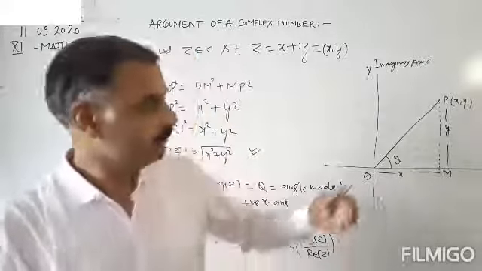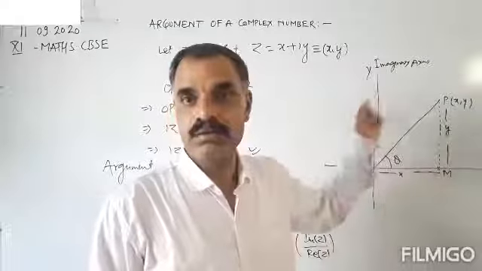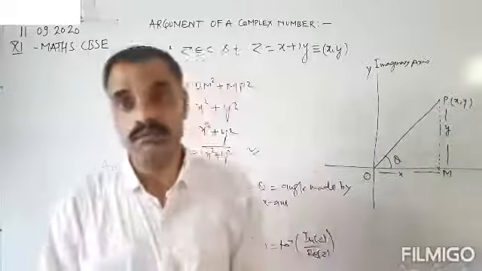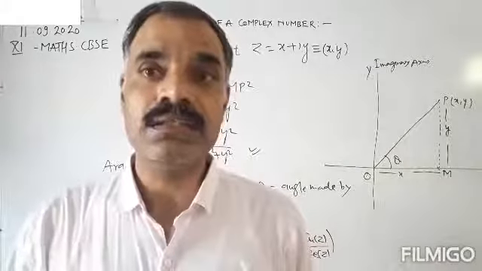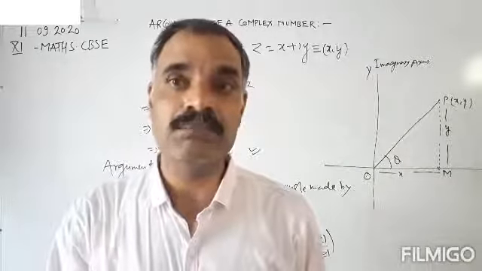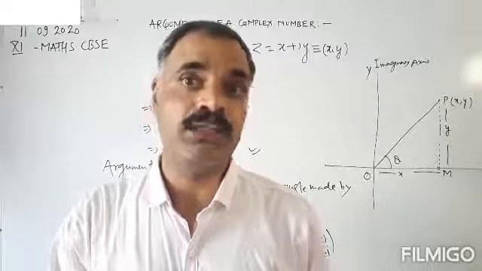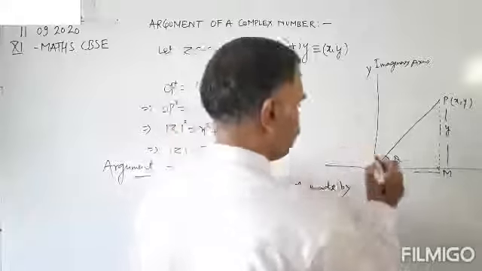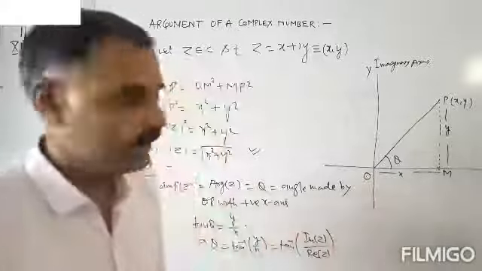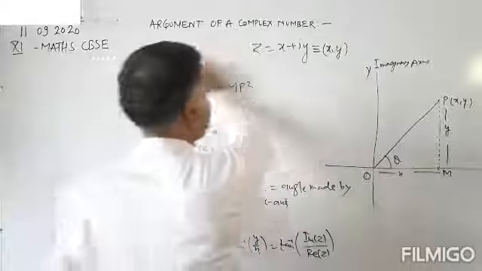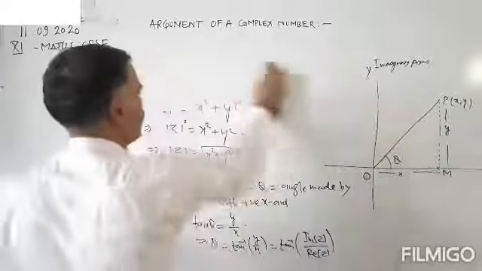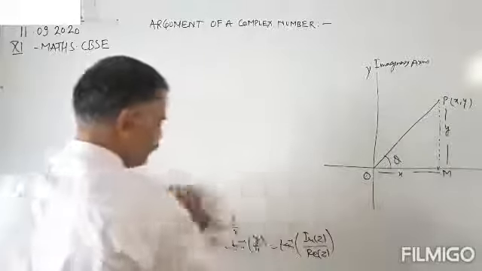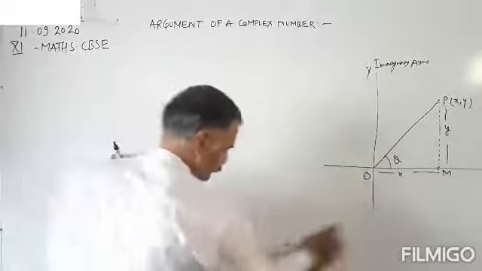After the interval of 2 pi in the anti-clockwise direction. But there is a particular value, that is the principal argument or principal amplitude, that lies between minus pi and plus pi.